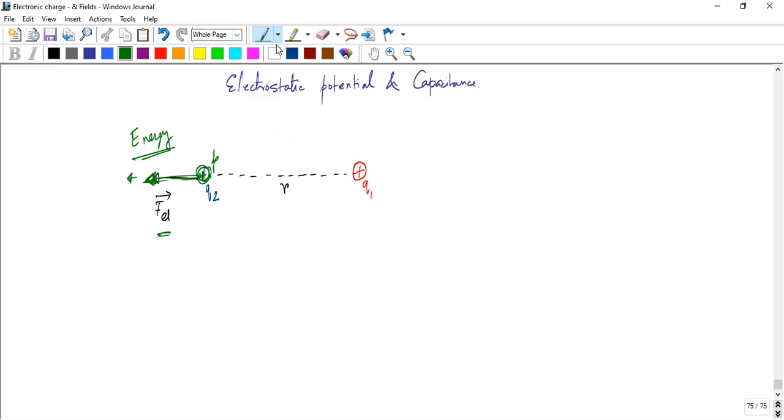This two charge system has some energy, and this energy is associated with potential energy.